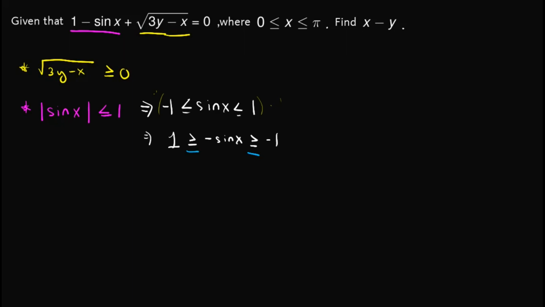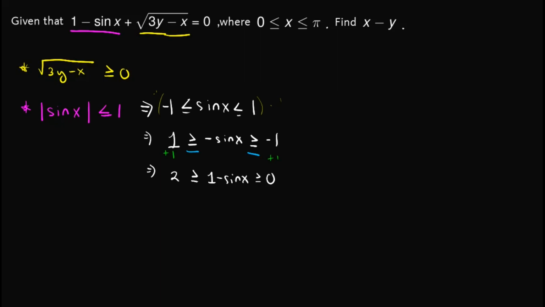Now from here, we can add 1 to both sides, so that we would obtain 2, 1 minus sine x, and 0.